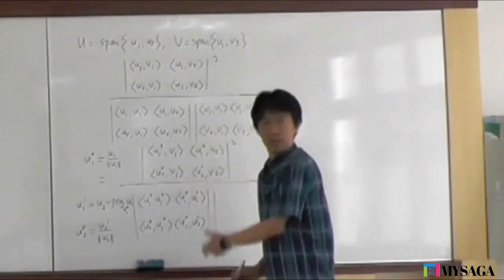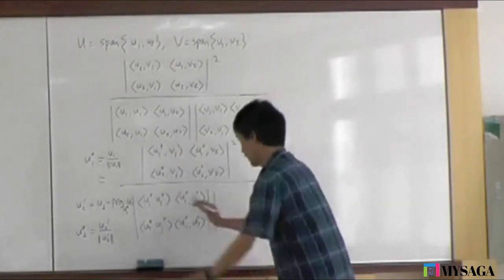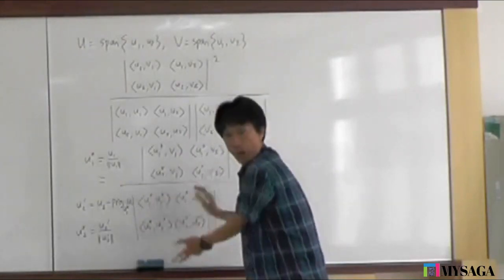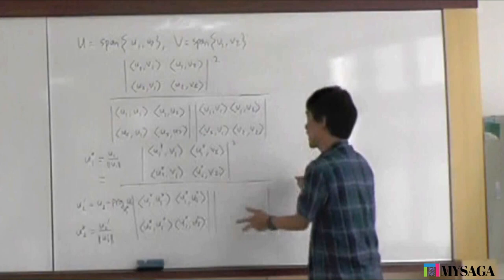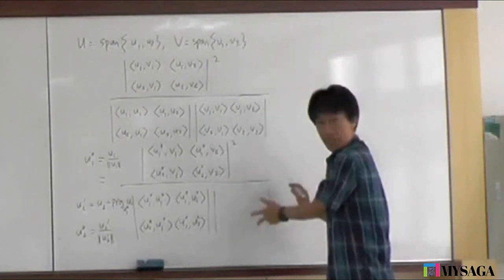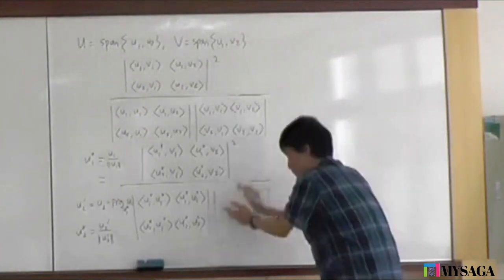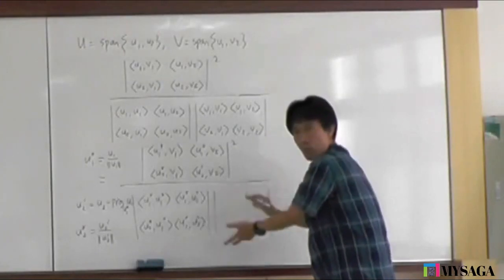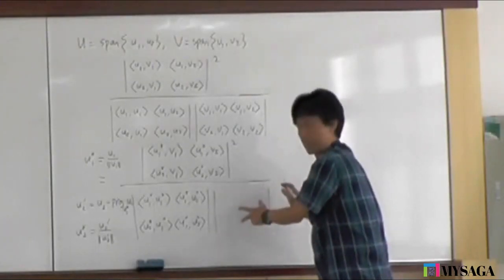So that will make this become 1. And if you do the same thing for V, this will become 1 also because V1 and V2 are orthonormal.